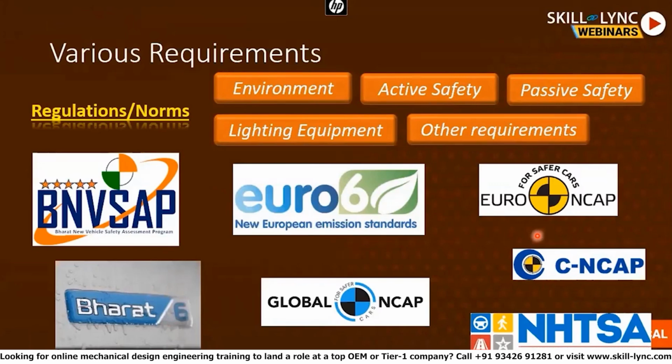How much carbon dioxide is allowed to be emitted from your vehicle, and how to control that by tuning your engine, by adding some in-between parts which trap your carbon dioxide. So there are many things which are controlled by the government legally, which the automobile manufacturer has to meet before selling his vehicle. If the manufacturer cannot meet these norms, regulations, he cannot sell the automobile. So this is a very basic requirement before you sell.